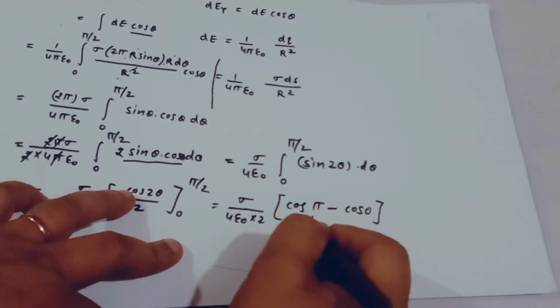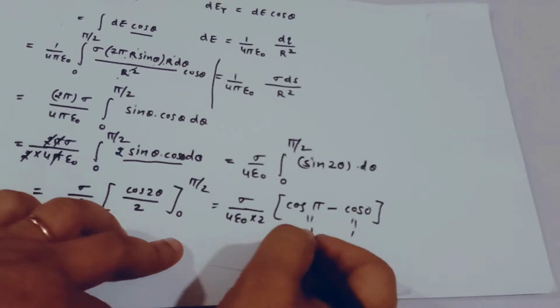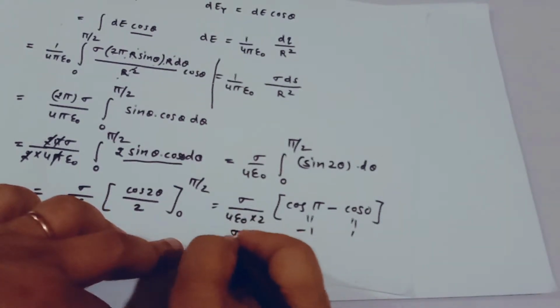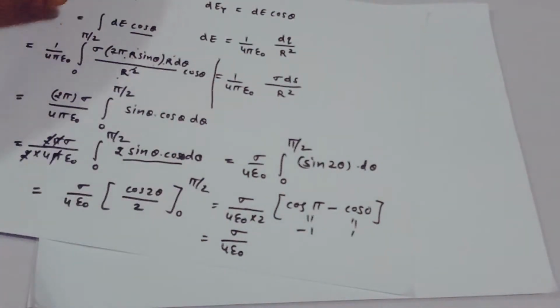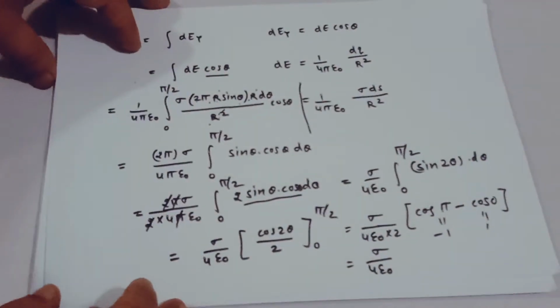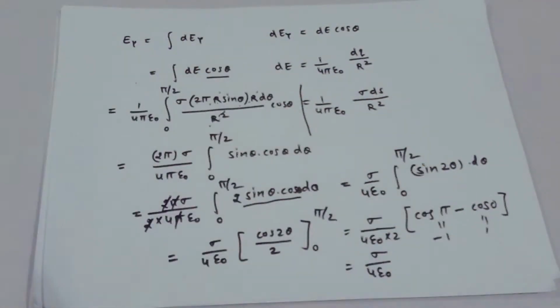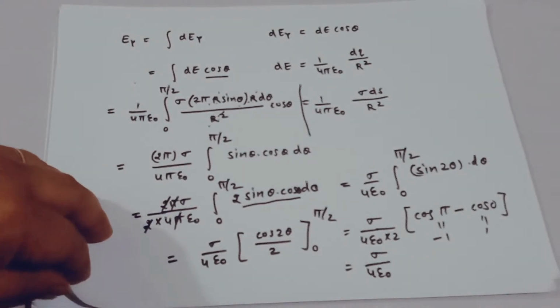Cos pi is minus 1 and the other is 1, so that becomes minus 2. So the 2 would cancel out, and only sigma upon 4 epsilon naught would come. That is the expression. I'm taking only the positive sign here and neglecting the negative. That is the electric field along the y-axis.